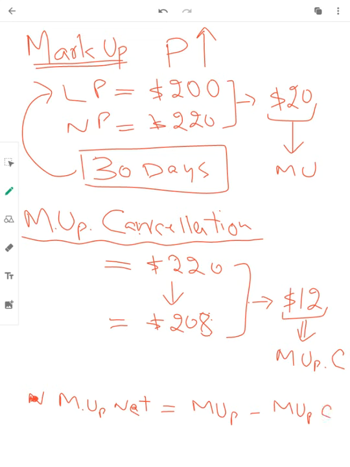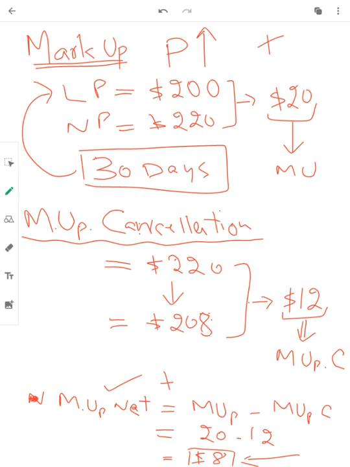So I increased the prices by $20 and then I decreased it by 12. So $8 is still remaining, meaning the increase in the prices is still $8. So remember this, markup means increase in the price. So increase in price is a positive sign. The net value of markup will always be positive, meaning it's positive 8.